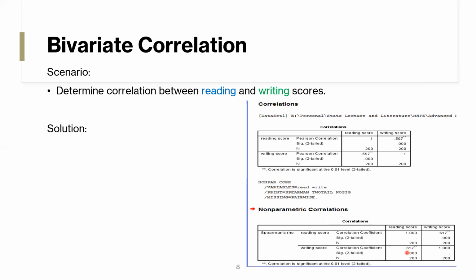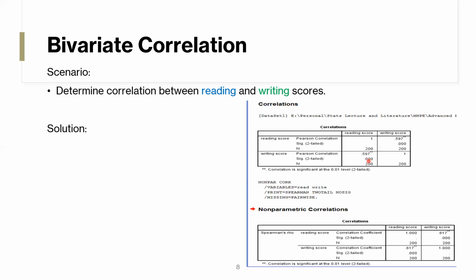Now our turn is to interpret this correlation. First of all, we see the sign, whether it is positive or negative. Here it is a positive sign, which indicates that the writing score increases with the reading score. Second, we see the strength of correlation.